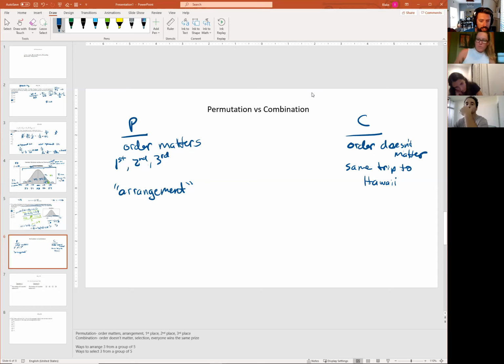And for combination, you would say selection. Words like selection, select, chosen, that's implying that you're picking a group, but that the order doesn't matter. So if they say, oh, you were selected to go on a trip to Hawaii, they're saying you were one of those selected.